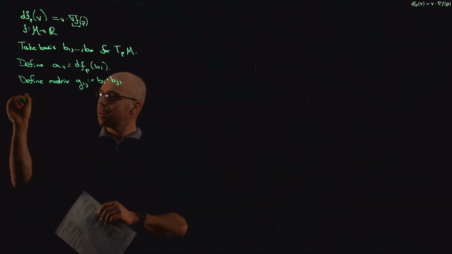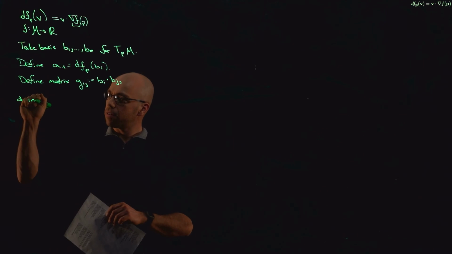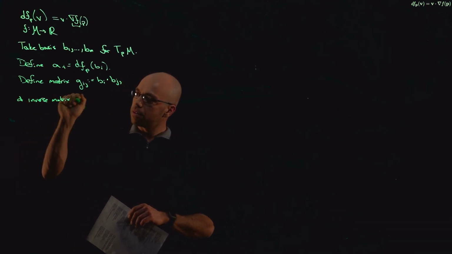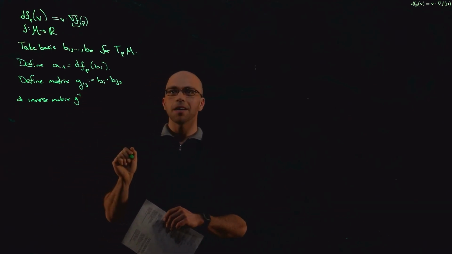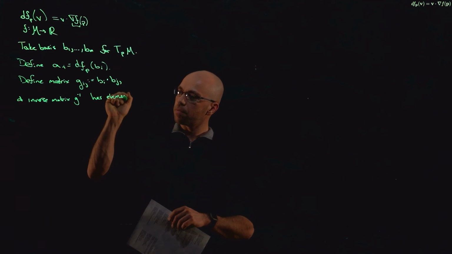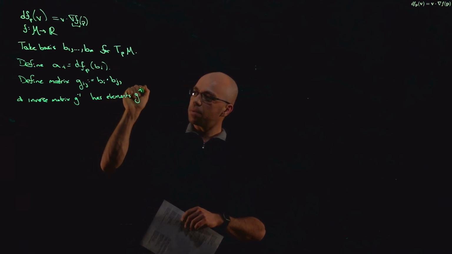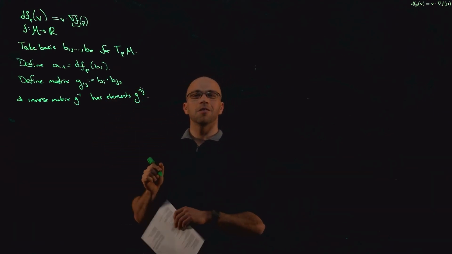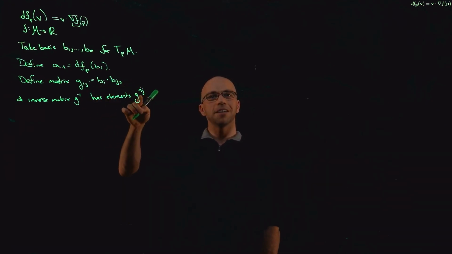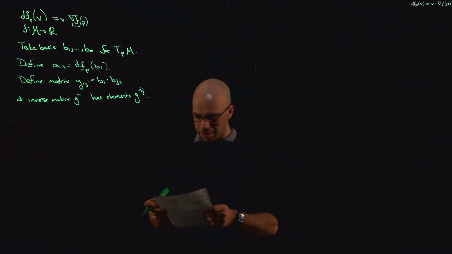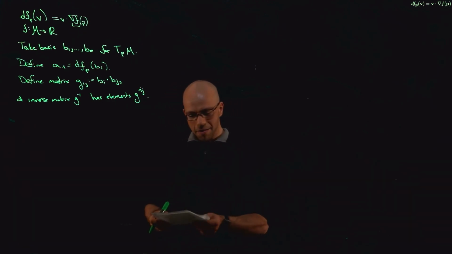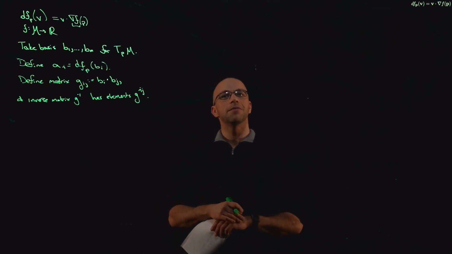So we're going to say that the inverse matrix, G to the -1 here, has elements G upper ij. Okay, so lower ij elements are the dot products of the b's, upper ij's are the inverse of this matrix.